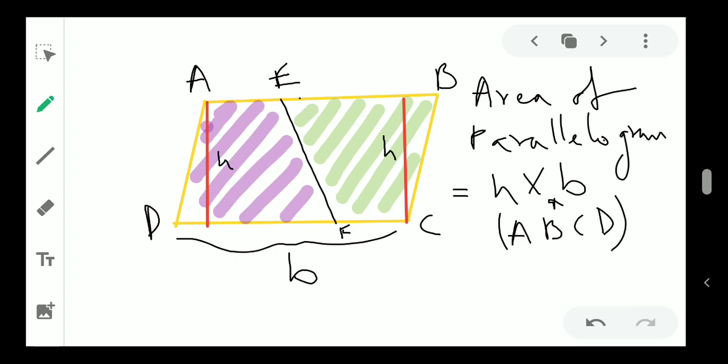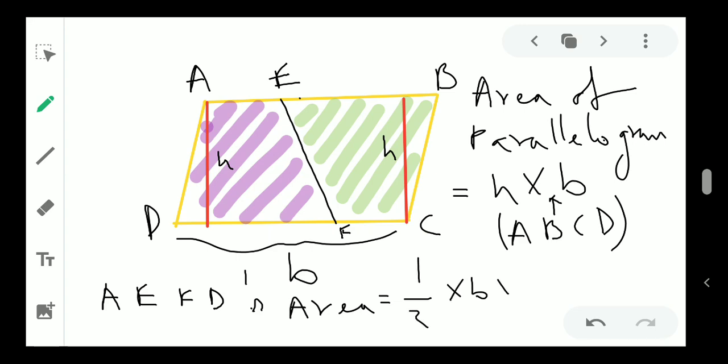But as I have divided it into half, the area of AEFD, which is a trapezoid, is half into B into H, and H into B and B into H are the same thing.